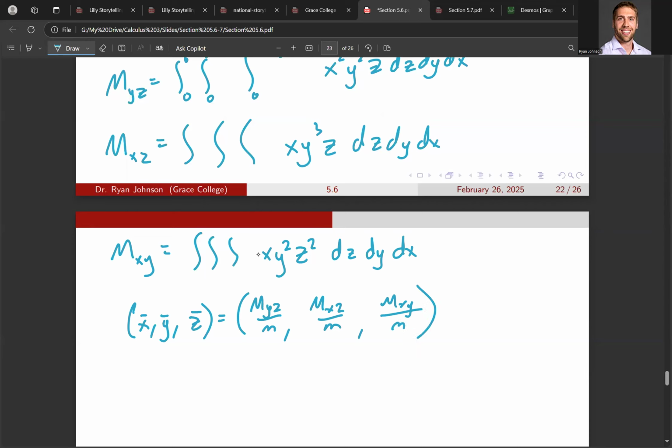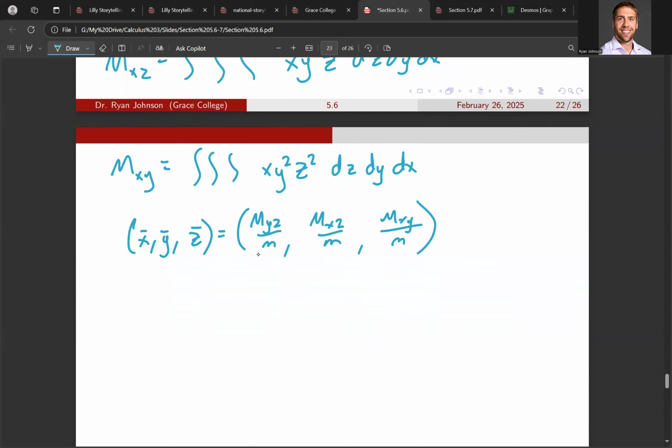Okay, once I've computed all those, I compute those fractions, and I have the middle point of the solid. Okay? And then I would compute things like I x. And that would be that triple integral, and then it would be y squared plus z squared times x y squared z.